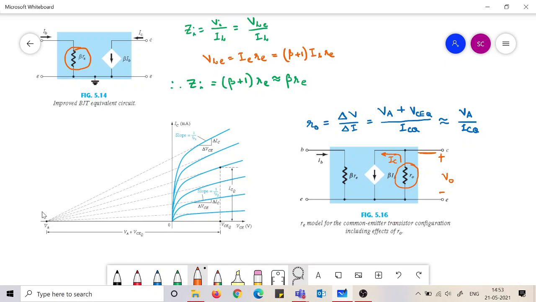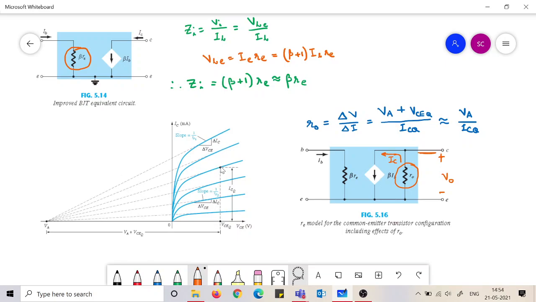What is the significance of this? The significance comes when you are trying to calculate the output impedance RO. Output impedance is nothing but the voltage by the current, so delta V by delta I. Now you see this is a slope, the slope of this curve, that is RO. The slope can be easily obtained by dividing this perpendicular height by this horizontal distance, be it in any of these curves.